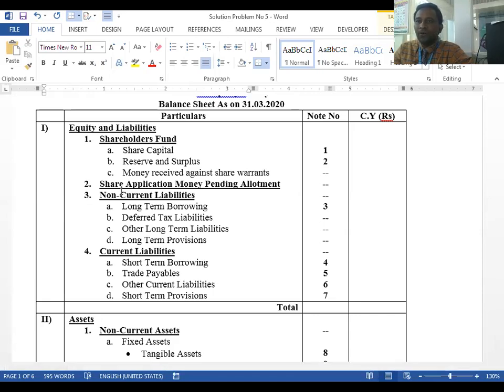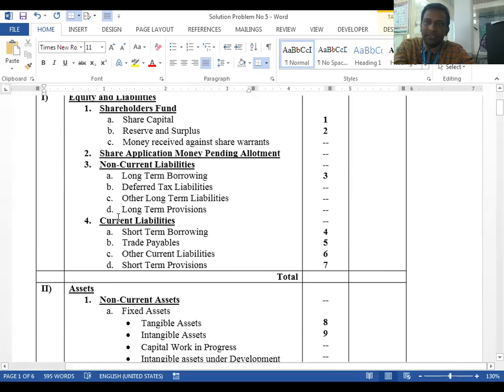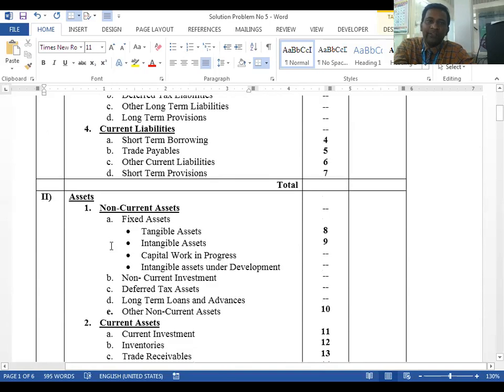We also know we never transfer this item under the heading asset. Now we have only four options, and we need to find which option is most appropriate.